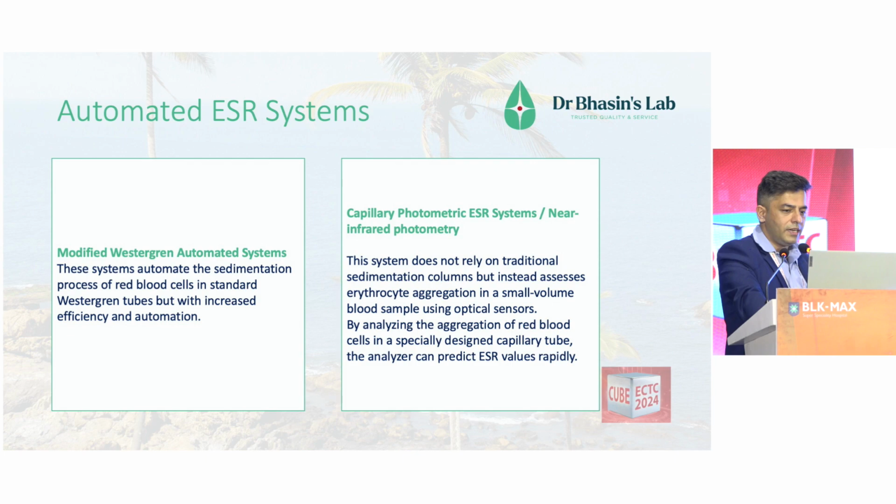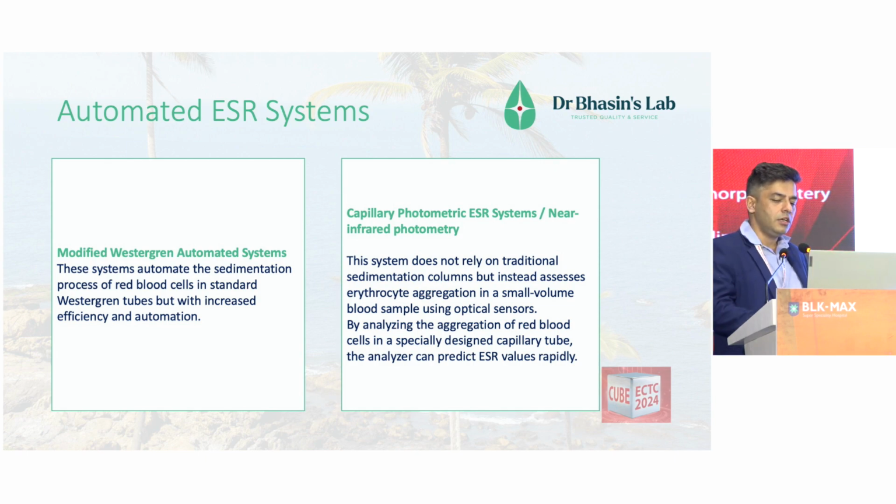Coming to automated ESR systems, the first line of automated ESR systems which came were modified Westergren automated systems. So generally what they do, they let the agglutination stage go on, because the sedimentation stage is a well-defined factor, that rapid sedimentation happens at the same pace.